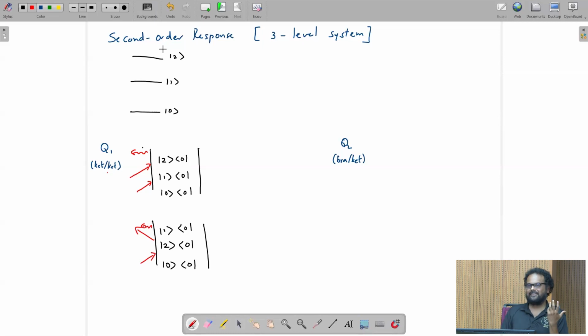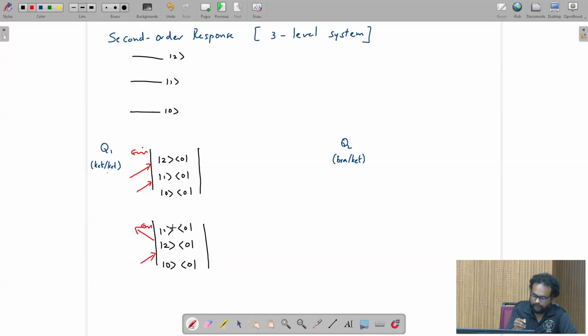You can already see that my emission is happening at the energy difference between my ground and the second excited state, whereas in the diagram below, it's happening at the energy difference between the ground and the first excited state. You can already intuitively see that will be the frequency of the polarization given by this particular diagram.